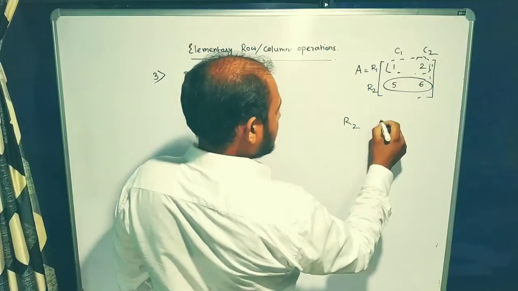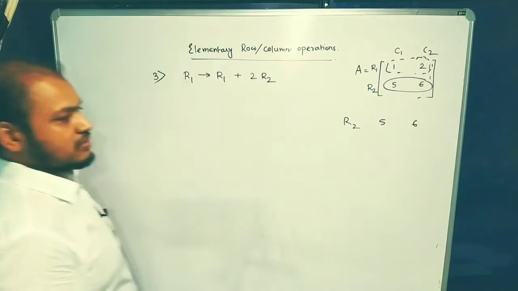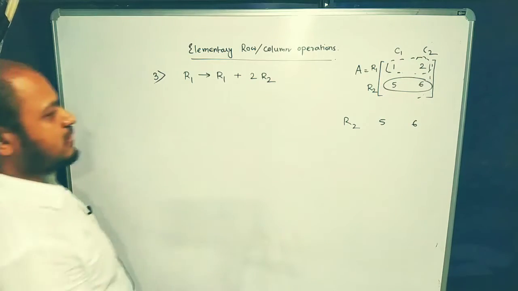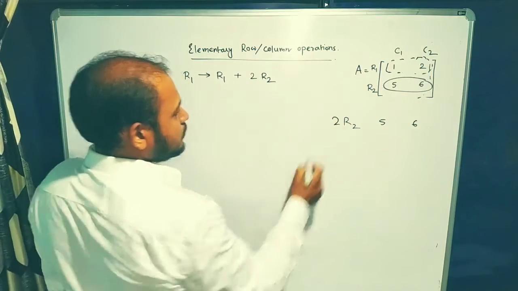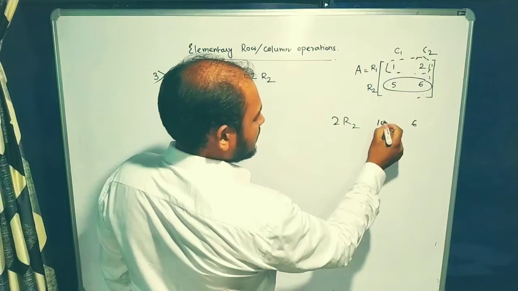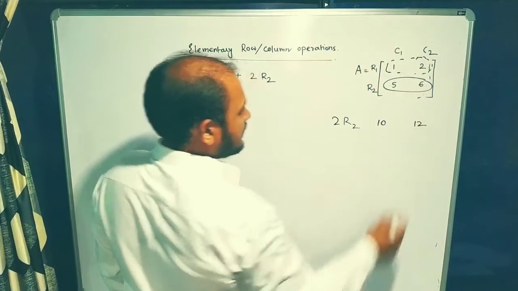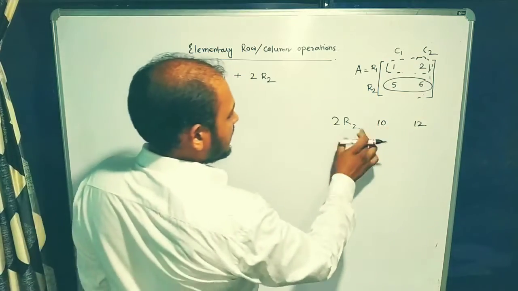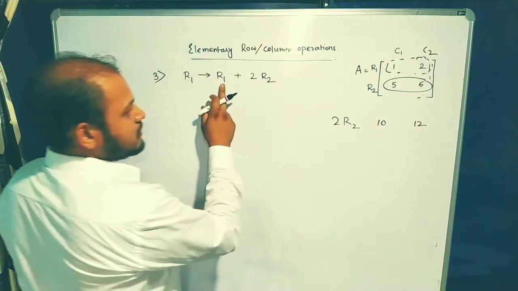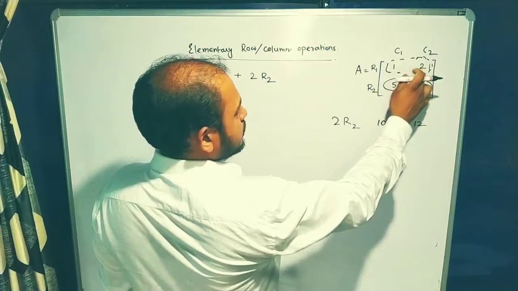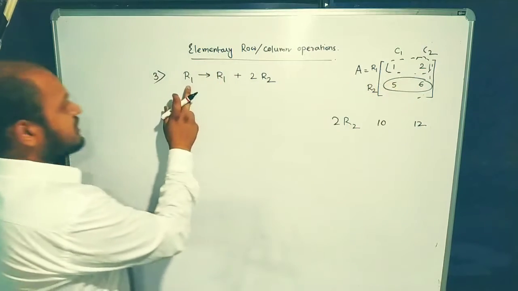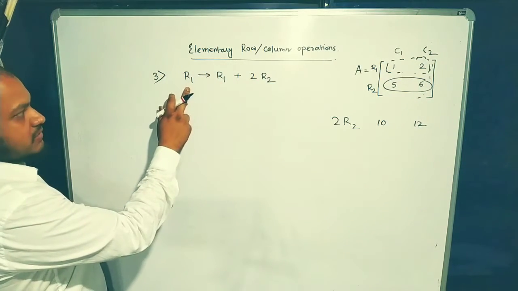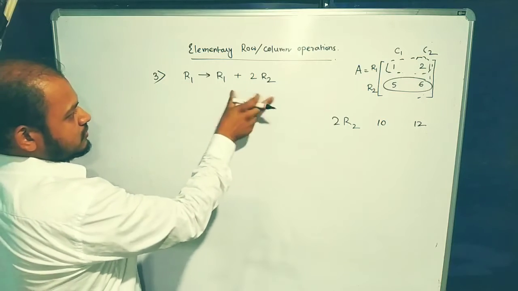So R2 is 5 and 6. So multiply this row with the number 2. So 5 becomes 10 and 6 becomes 12 after multiplication by 2. Now you have to add this entire 2R2 with the first row. First row is 1 and 2. So you are seeing that in this operation R2 is not getting changed. Only the first row is getting changed to something.